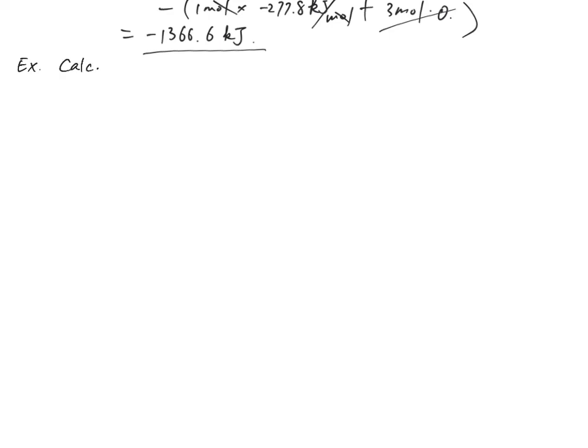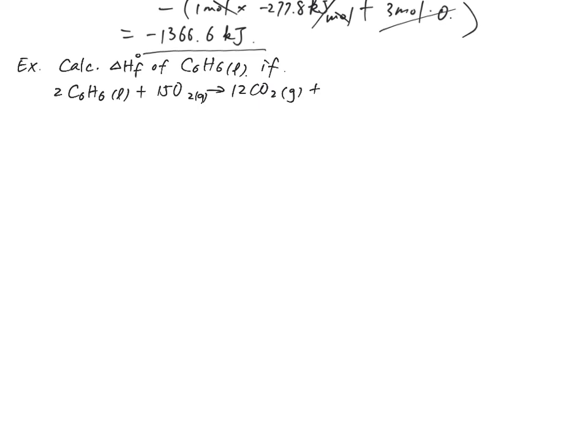Okay, calculate the standard heat of formation of benzene, C6H6 liquid, if we know that 2 C6H6 reacting with 15 O2 produce 12 carbon dioxide and 6 liquid water, and the delta H standard for that is negative 6,598 kilojoule.